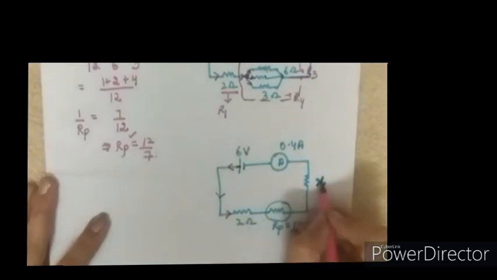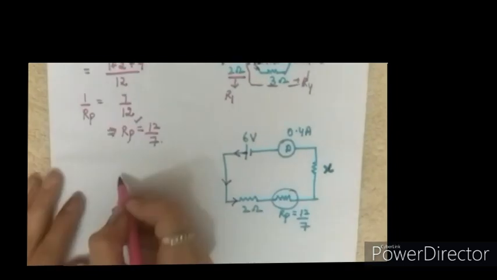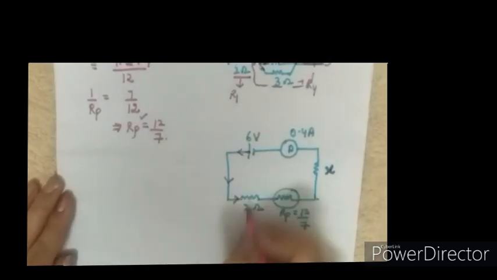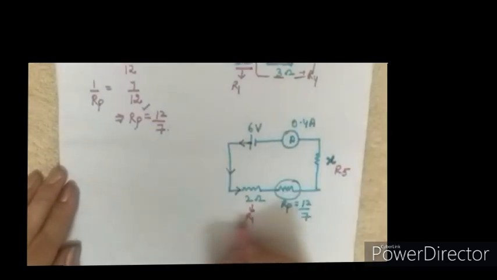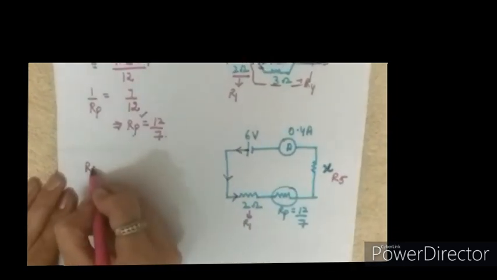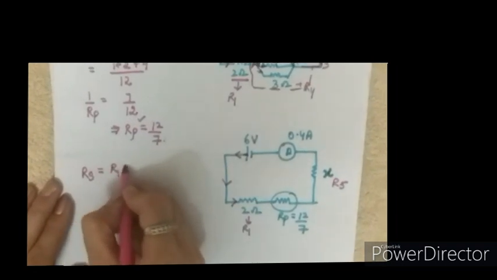So these 3 resistors are now connected in series. This is R1, this is Rp and this is R5, and these three are connected in series.